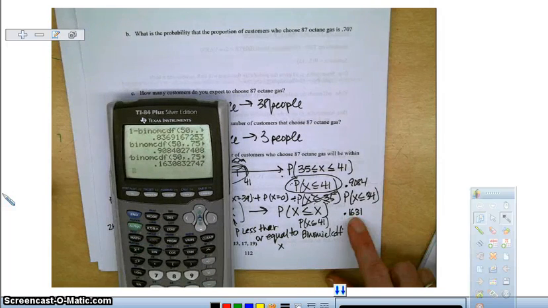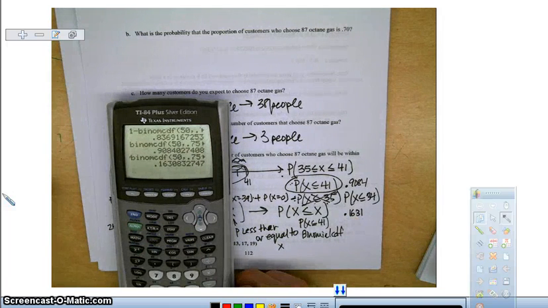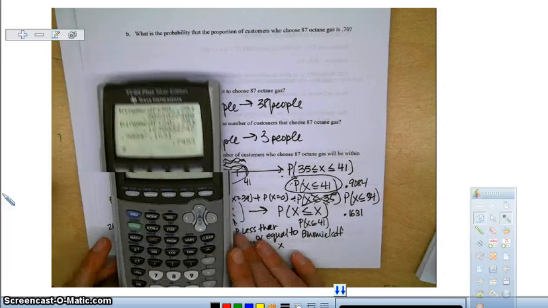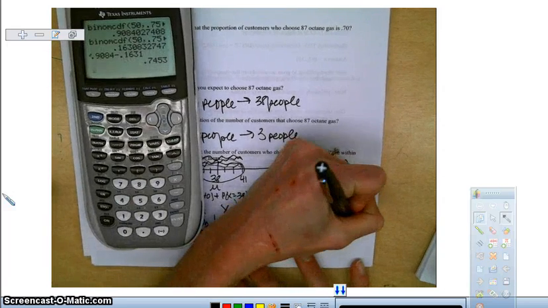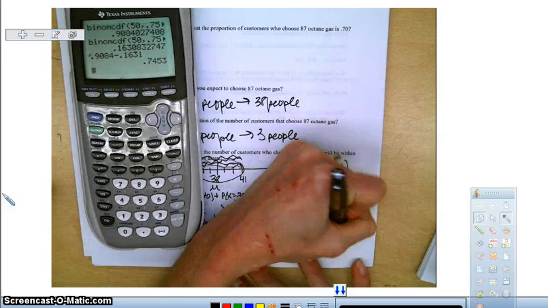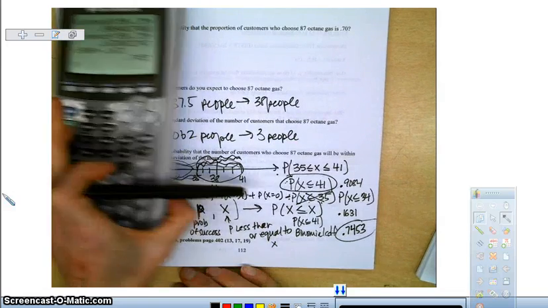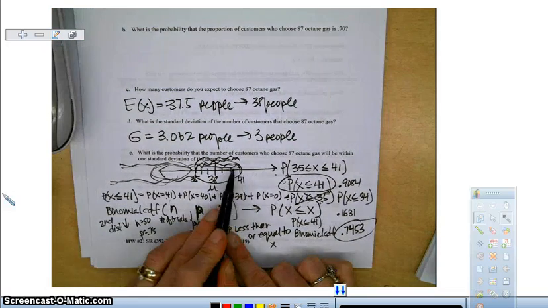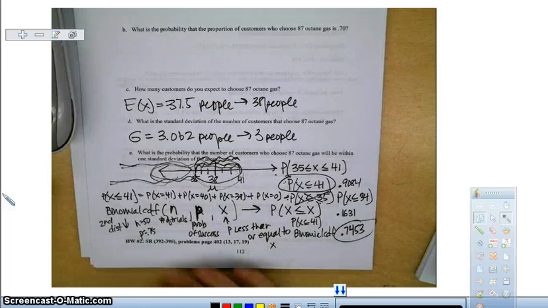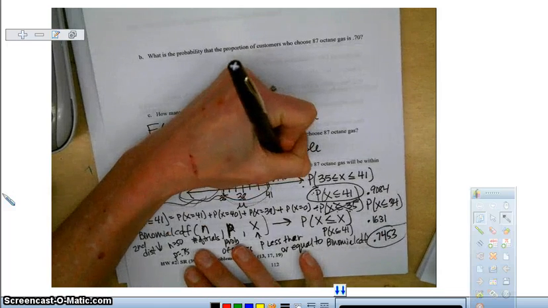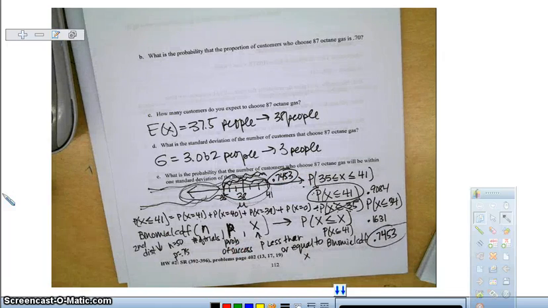Then we subtract those two: 0.9084 minus 0.1631 gives me 0.7453. So that is the probability that it falls within one standard deviation of the mean, which is 0.7453. That's a little bit higher than the 68% that it should be for a normal model, but that's okay. This isn't a normal model. It's a binomial model.